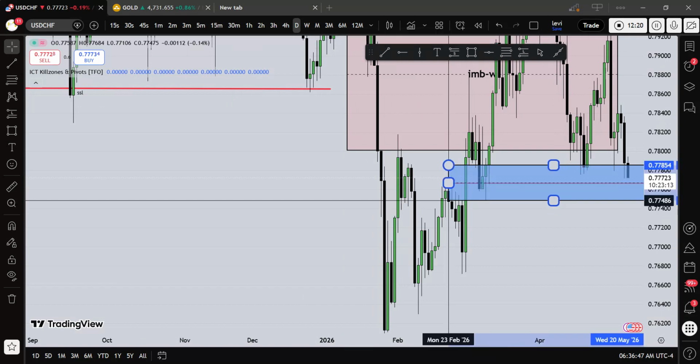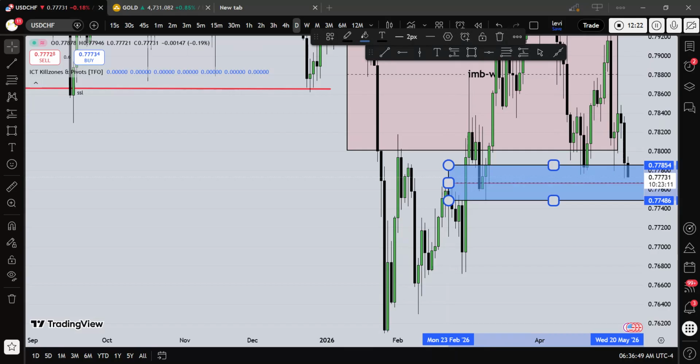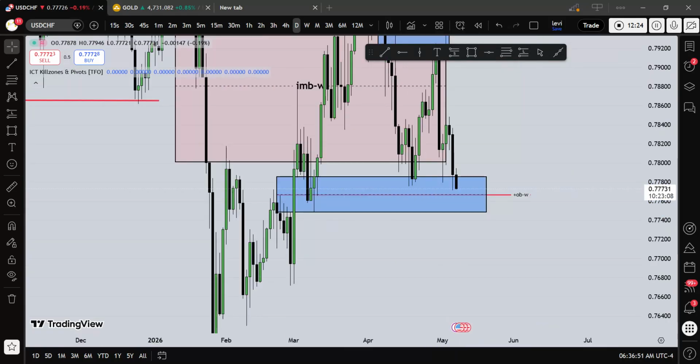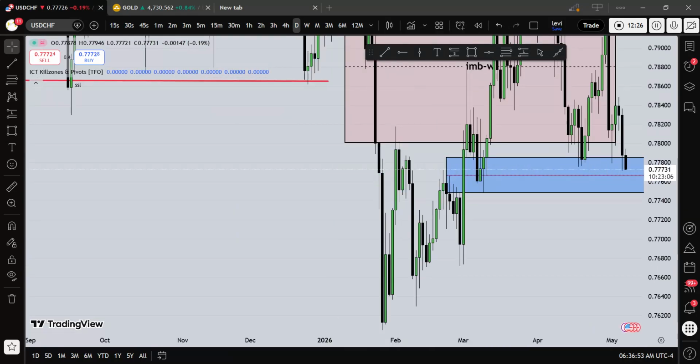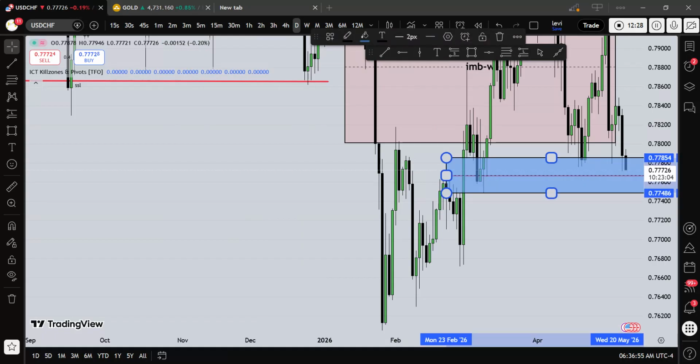Let's just see it. Can you see? So it lands directly on where we marked our other block.